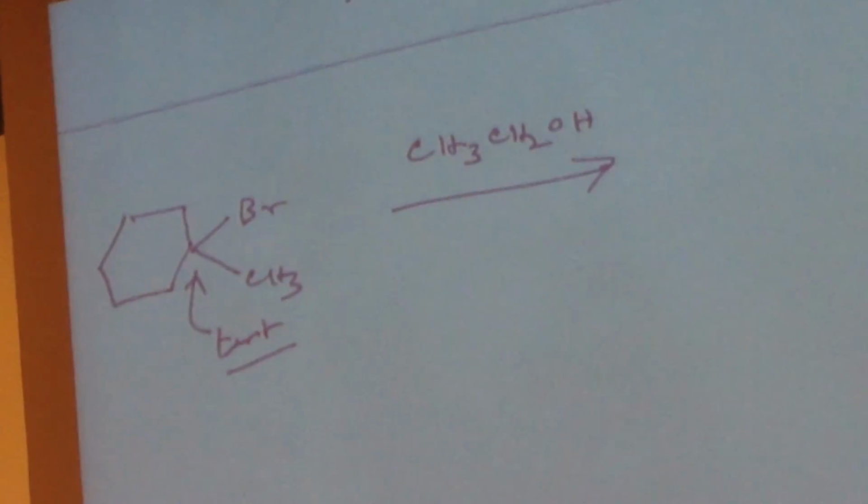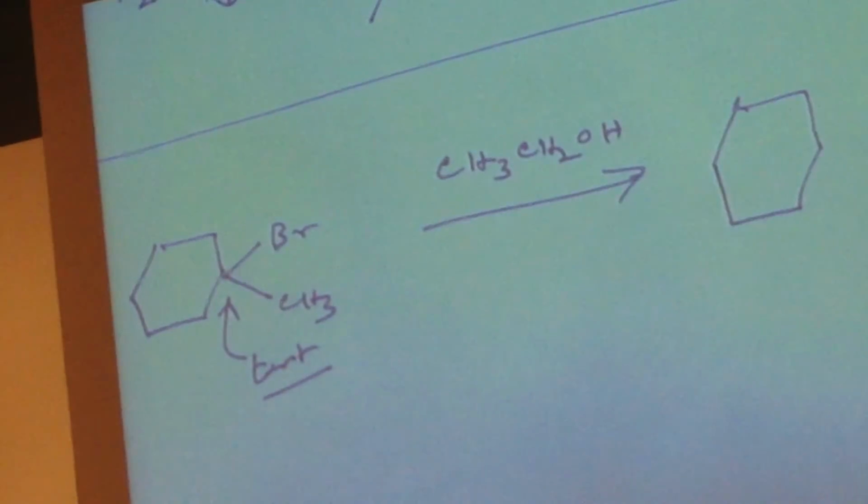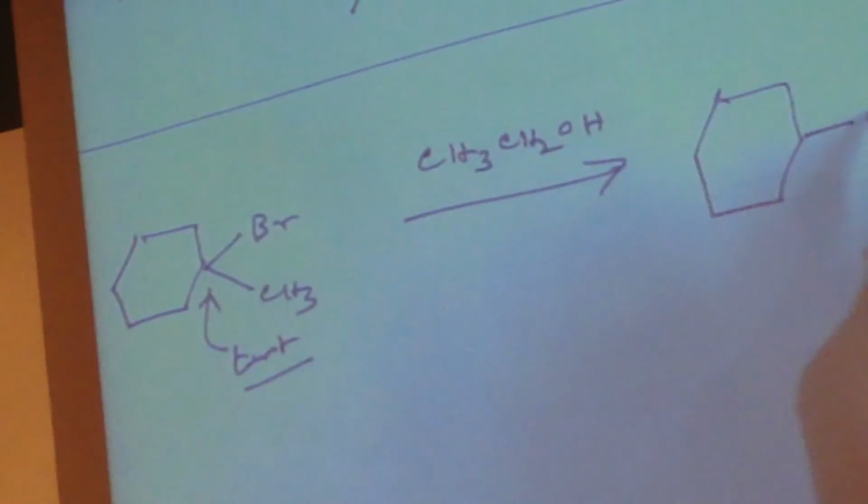Therefore, you expect to form a tertiary carbocation in the first step, which generates the CH3 plus in the first step.